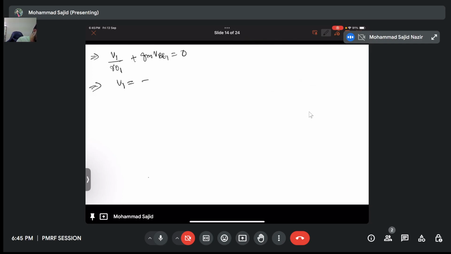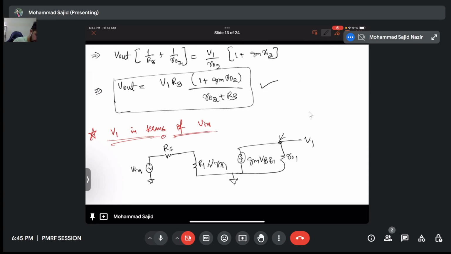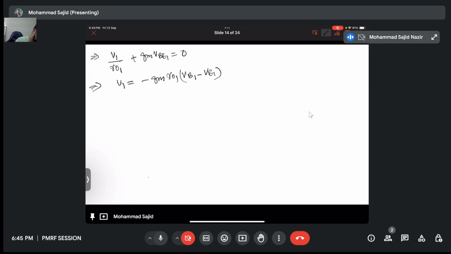So V1 is Gm R01 times VB1 minus VE1. Here VE1 is 0 and VB1 will be given by voltage divider, R1 parallel R by 1 divided by R1 parallel R by 1 plus Rs multiplied by V in.